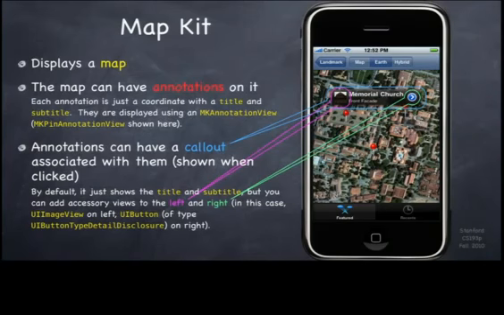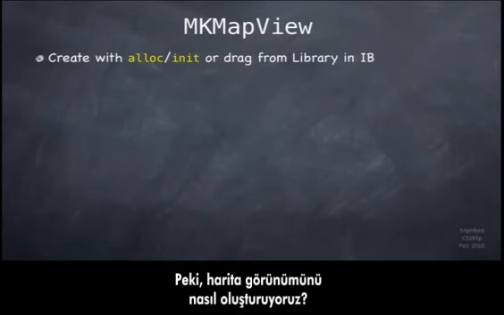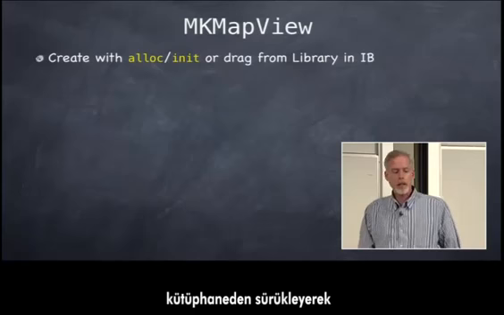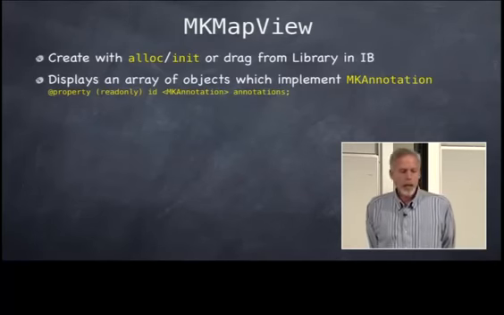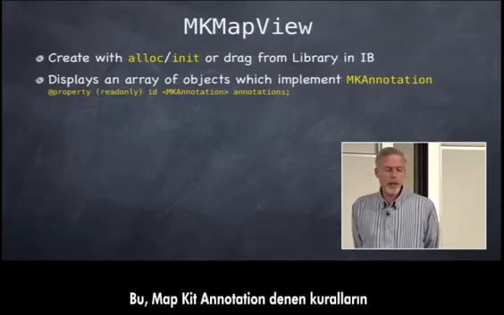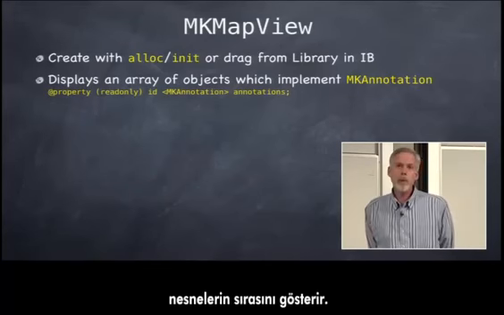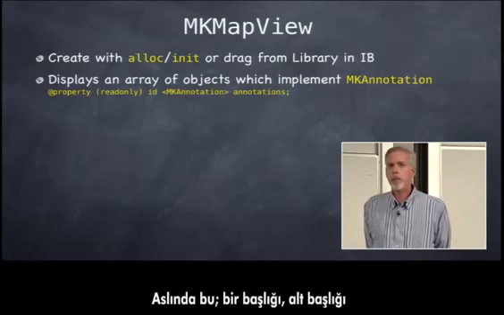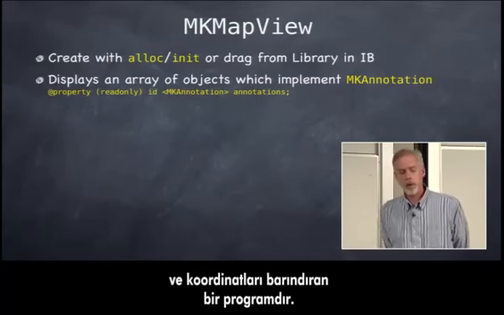All right, so how do we create a map view? You create it with alloc init, or you can drag it out from the library in Interface Builder. What does it do? It displays an array of objects that implement a protocol called MKAnnotation, and that protocol is the thing with title, subtitle, and coordinate in it.